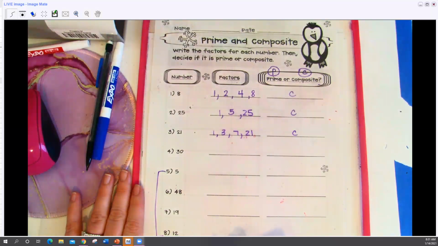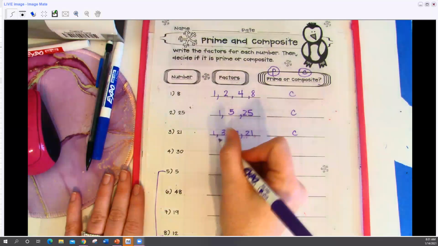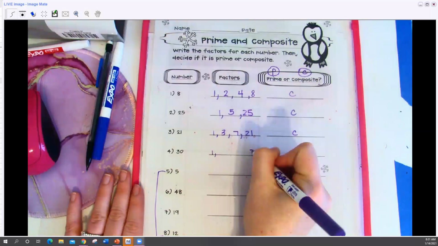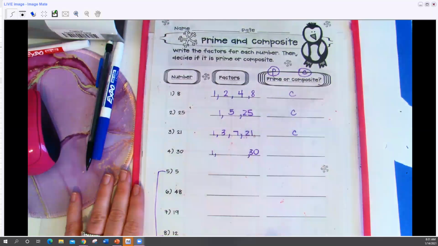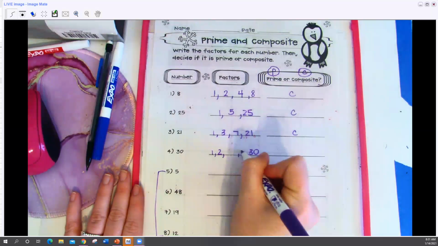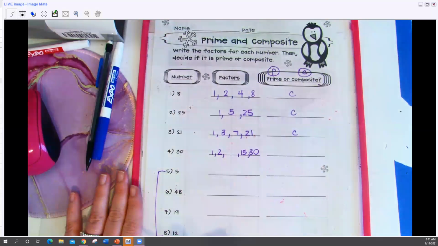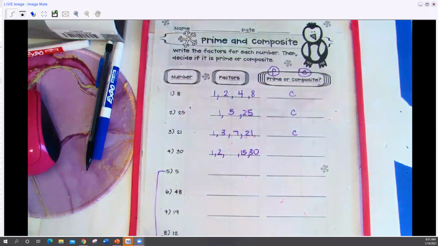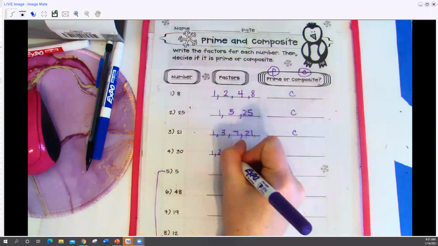And let's look at number 4, which is 30. I can do 1 times 30. I can do 2 times 15. 15 plus 15 is 30. So 15 times 2 is 30. And I can also do 3 times 10.